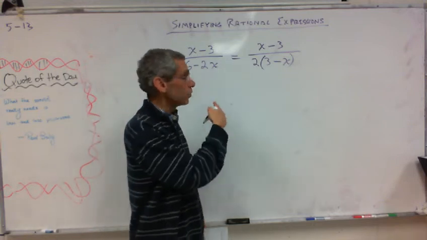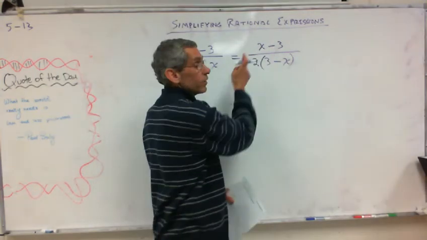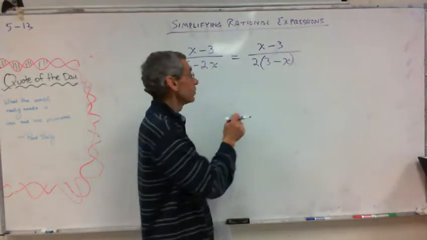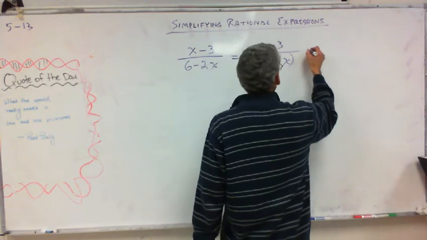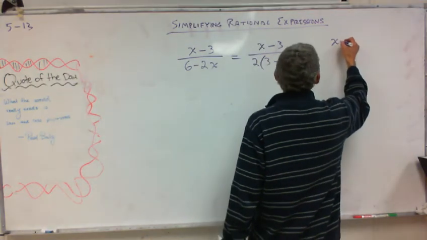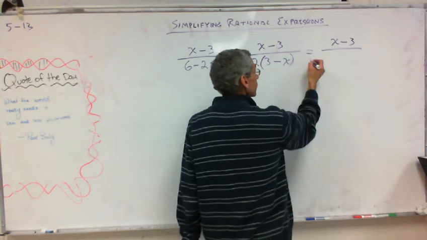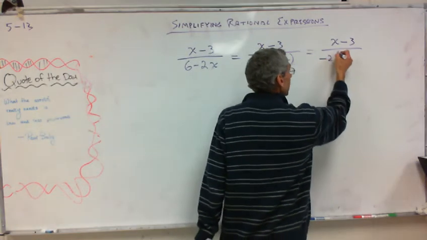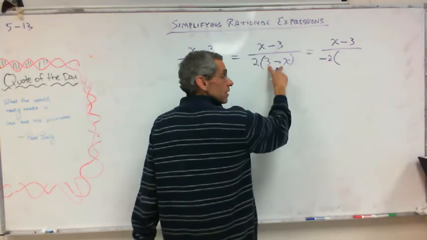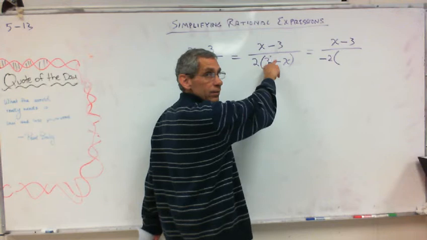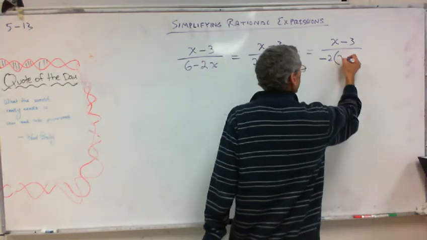Doesn't matter. I'm going to do the denominator because I like my x minus 3 the way it is up there. So that's the same thing as saying x minus 3 over, instead of positive 2, I'm just going to make it negative 2. And now these just flip places. And it's now x minus 3.